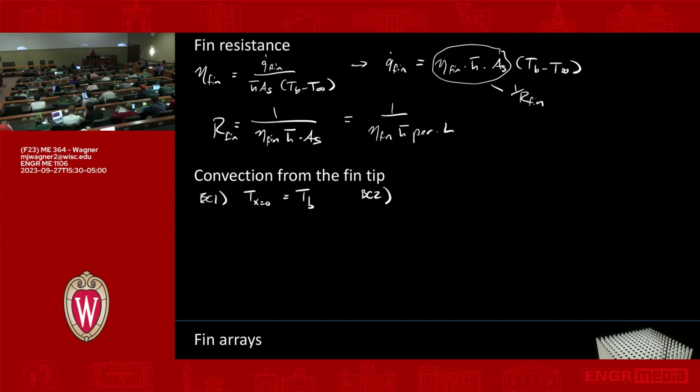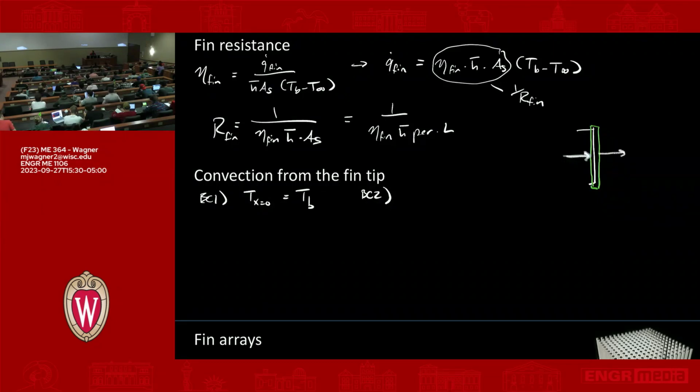So let me sketch something out. You have the end of the fin here, and we're talking about an infinitely thin energy balance on the surface of the fin. Coming into the end of the fin, you have heat flow due to conduction.